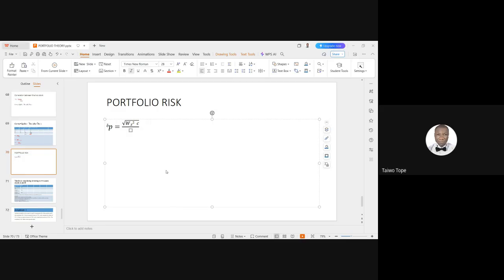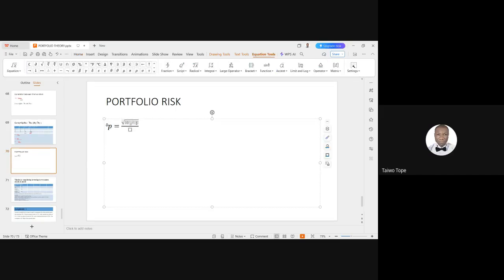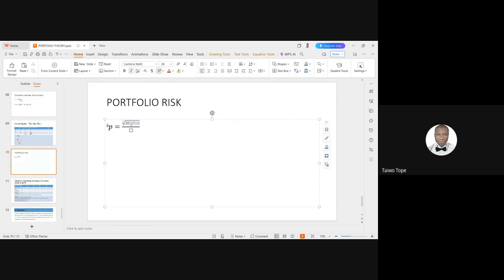So when you square standard deviation, what will you have? Variance. Very good, variance. When you square standard deviation, you have variance. So now, weight of security X square means the weight of security X, you square it. Multiply by what?